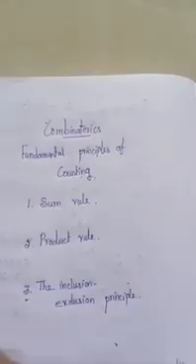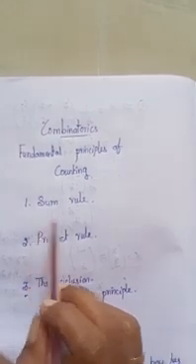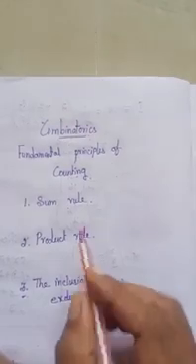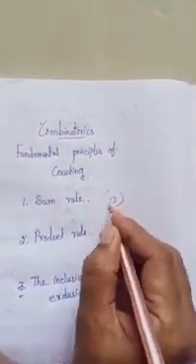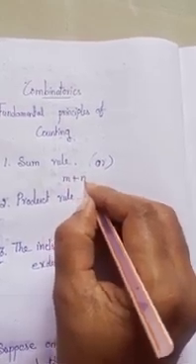It's very simple. By doing the sums, it will be very much understood. See the fundamental principle of counting. Once again we recall it: sum rule, product rule, the inclusion exclusion principle. Sum rule: if the question asks this or that, we have to use the sum rule, m plus n.